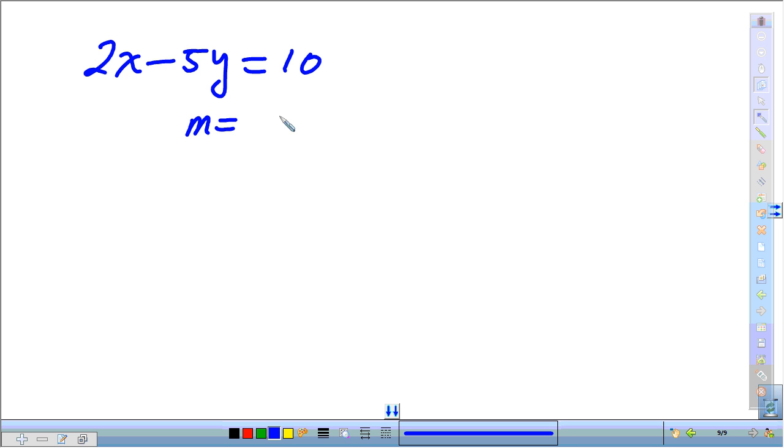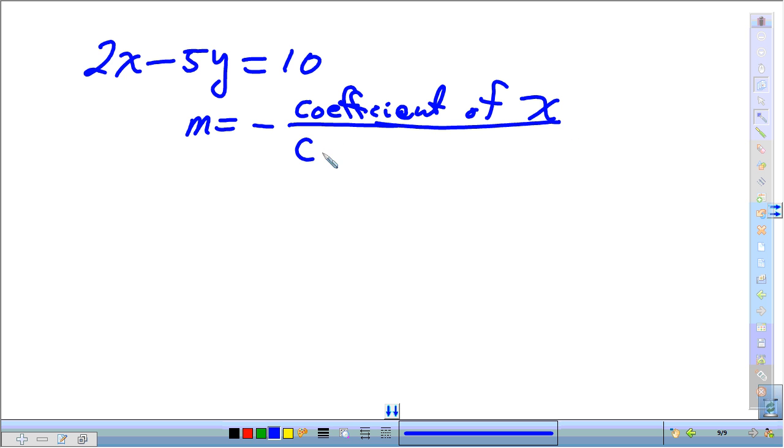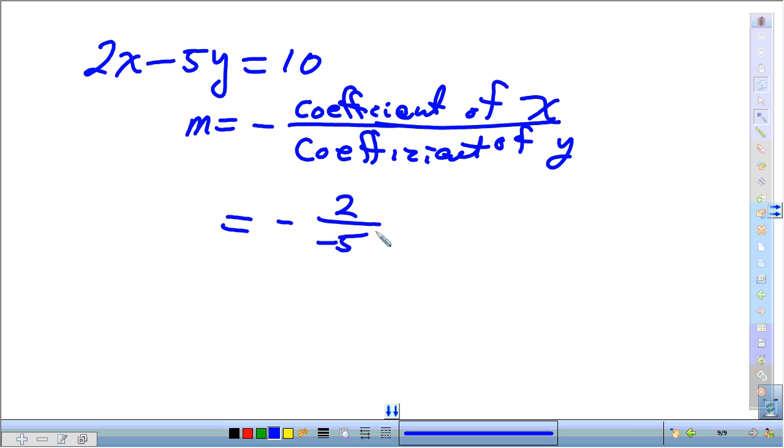If you take the coefficient of x, divide by the coefficient of y, and then change the sign. So minus the coefficient of x over the coefficient of y, in this example, would be minus 2 over minus 5. So the slope should be 2/5.